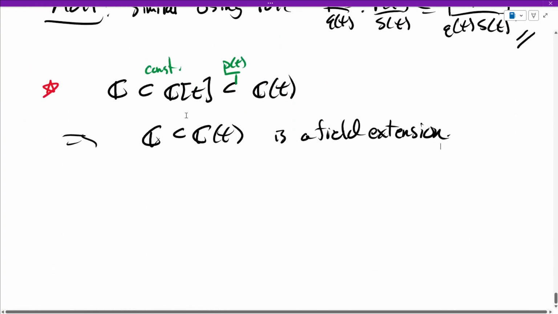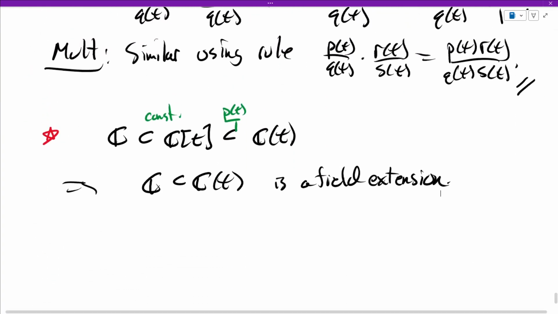They're both obtained by adding in one thing, but one leads you off to infinity and another satisfies a polynomial equation, so it sort of wraps back around.